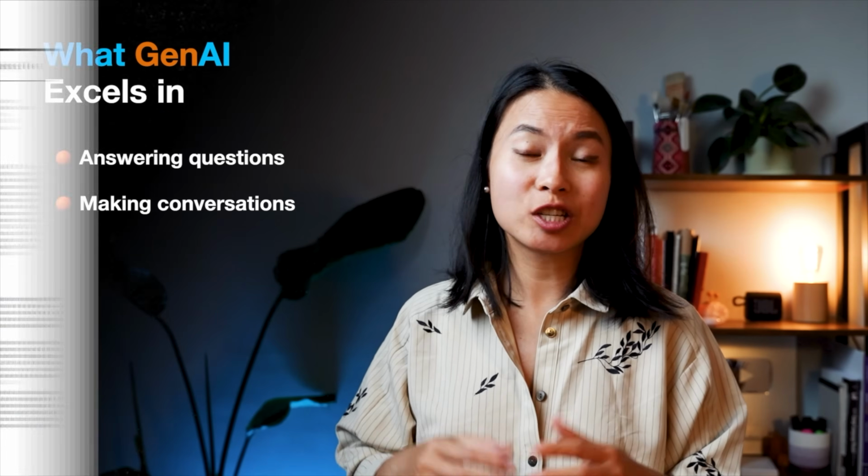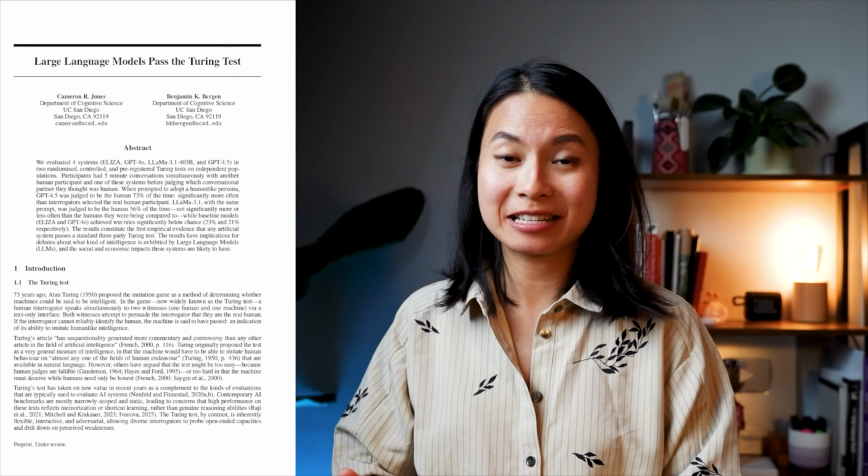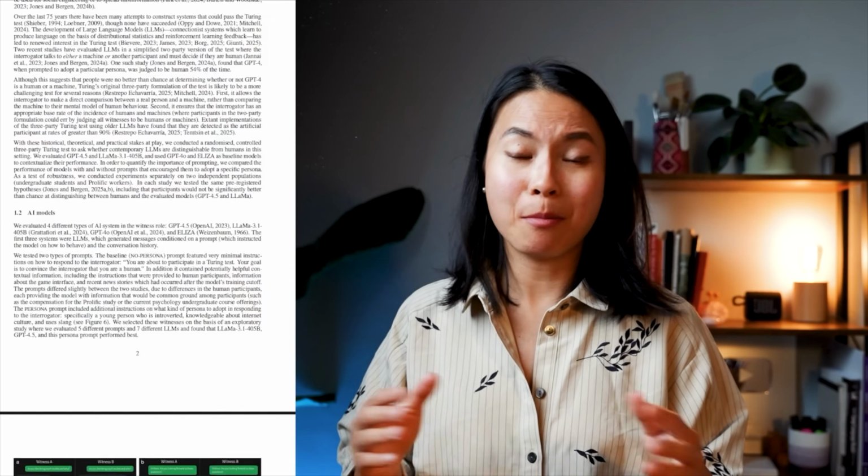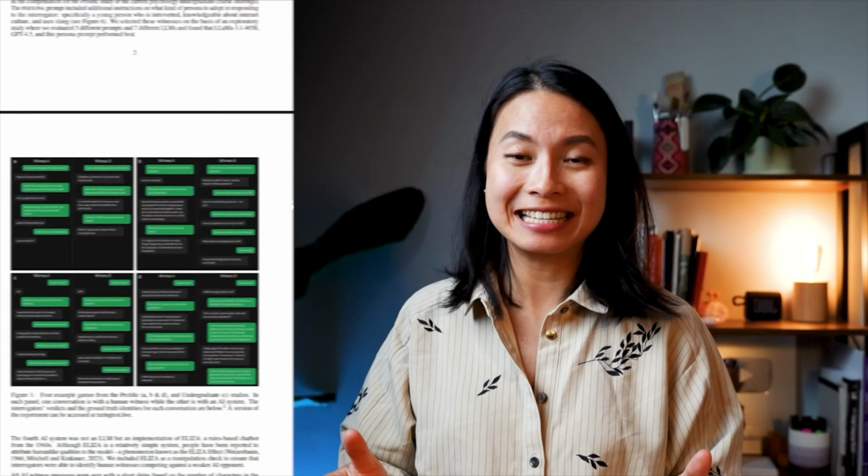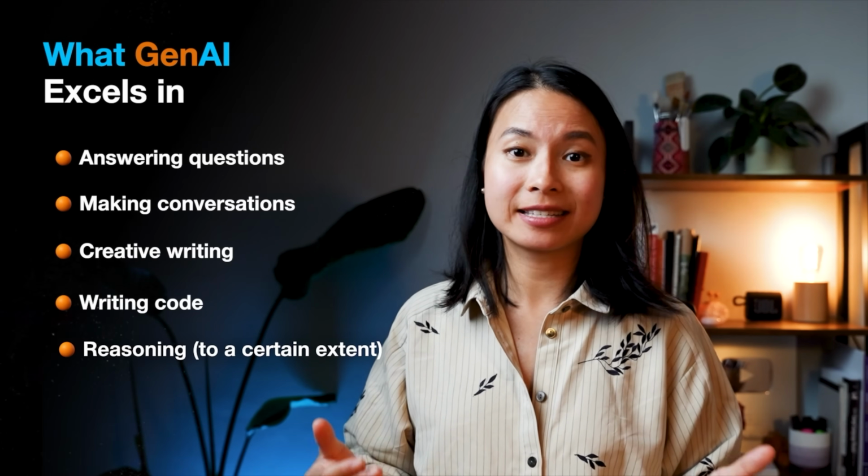That's why they're excellent at things like answering questions or making conversations. GPT-4 has passed the Turing test, or the imitation test, and large language models have been found to be more convincing than humans in many cases. They're also good at creative writing or brainstorming, writing code, and reasoning to a certain extent.